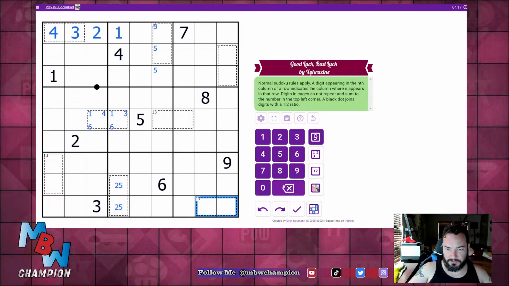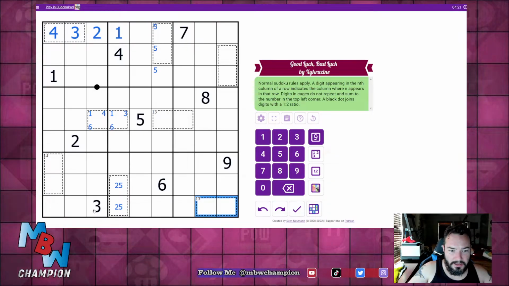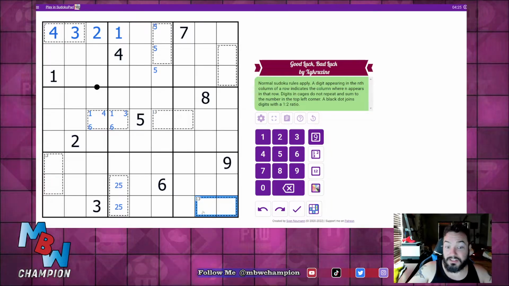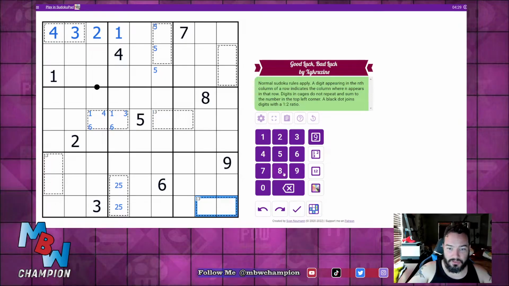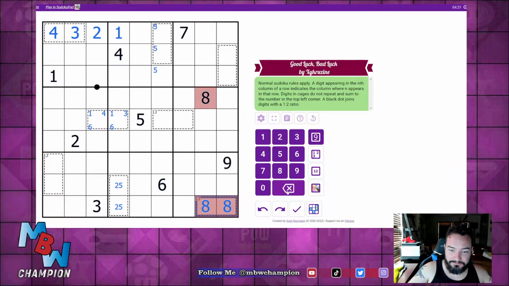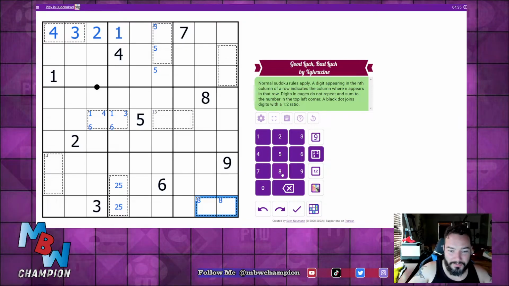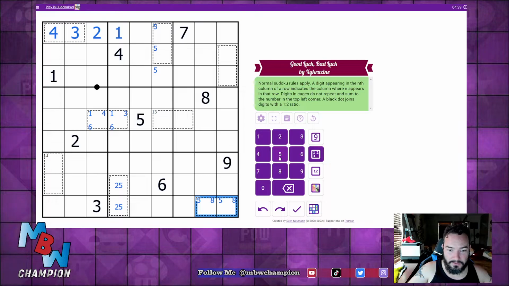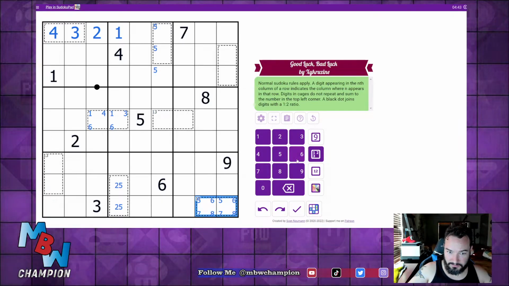I'm curious about this right here, just because it has a 13 right here. So this 3, oh, no, it's 13, never mind. So this 9, that means it can't be a 9 and a 4. So this is either going to be an 8, oh, dang it. I meant to do the little bookmark. This is either going to be an 8 or a 5, or it's going to be a 7 and a 6.